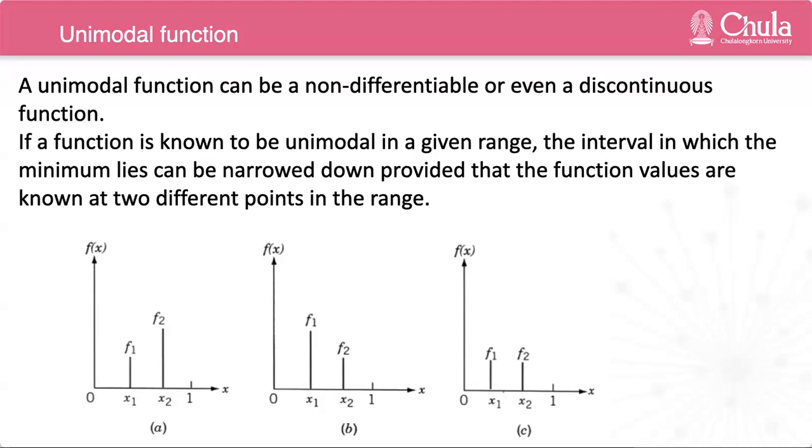You got the point? Okay. We can eliminate this area, right? Because the function can look like this, go down and up. We cannot eliminate the area between x1 and x2 because the function can look like this, right? However, there's no chance that the minimum point lies between x2 and 1, right?